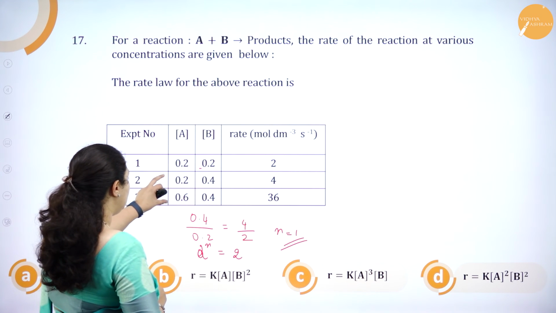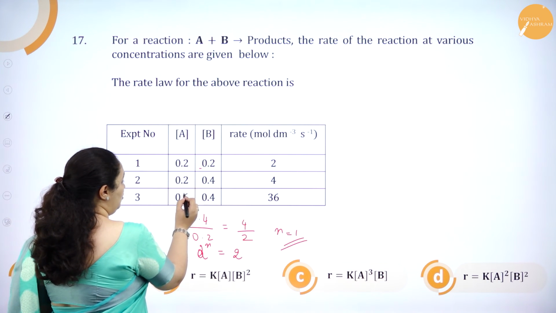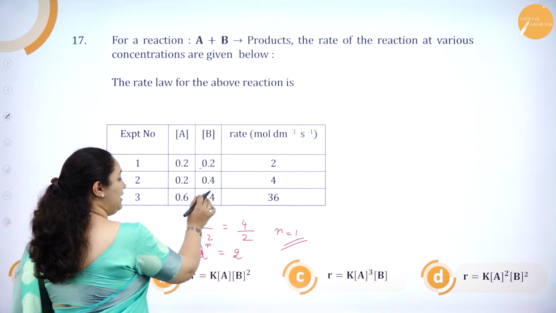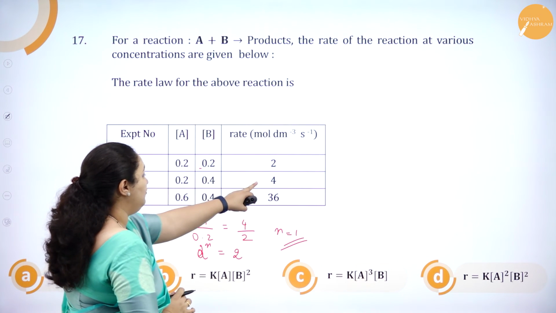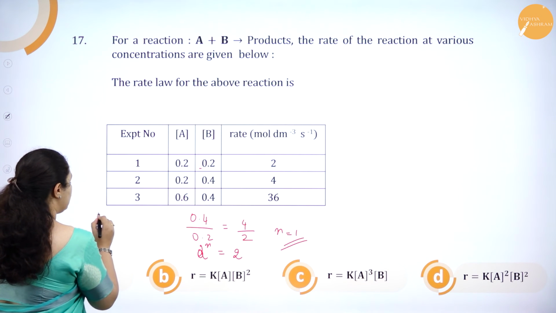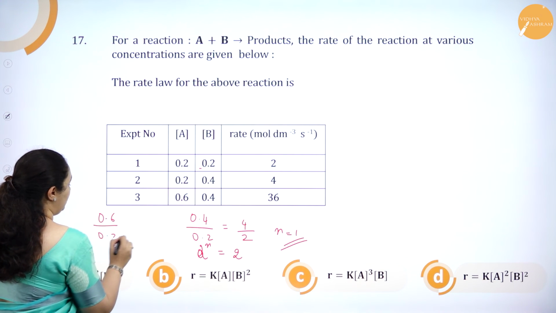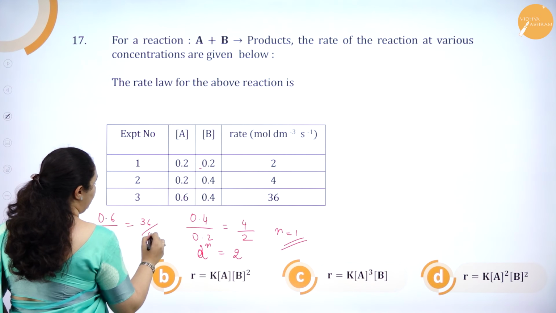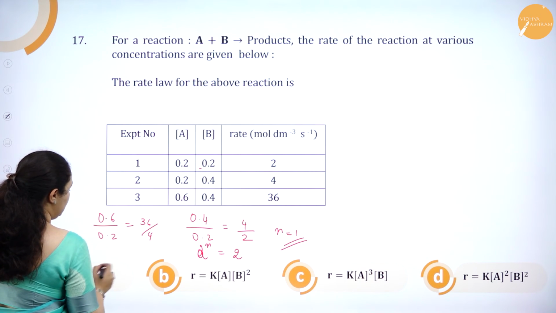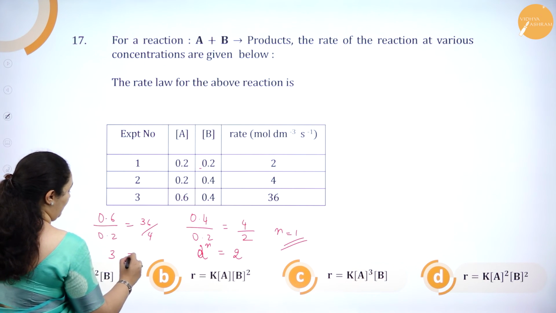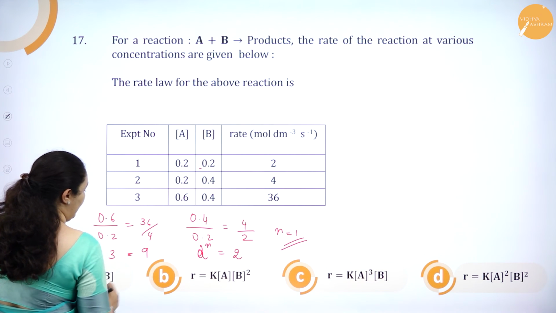Correct? Now see the third one. 0.2 has changed to 0.6, B is kept constant, and 4 has become 36. So it is 0.6 divided by 0.2, and 36 divided by 4. So this is 3 and this is 9.